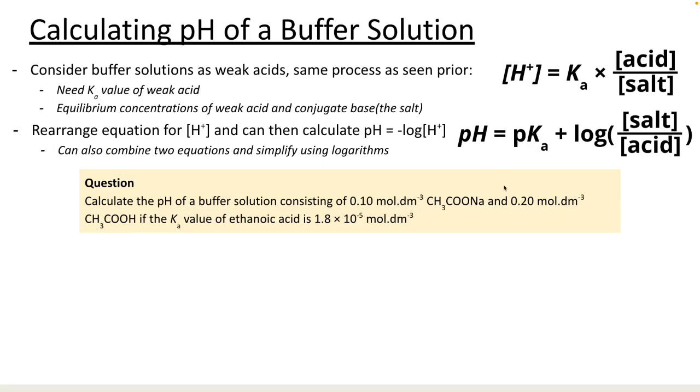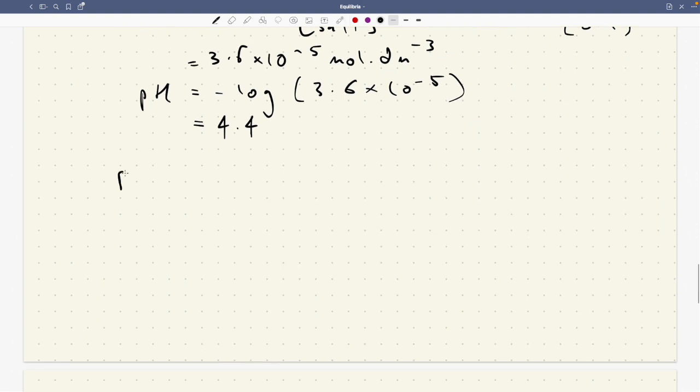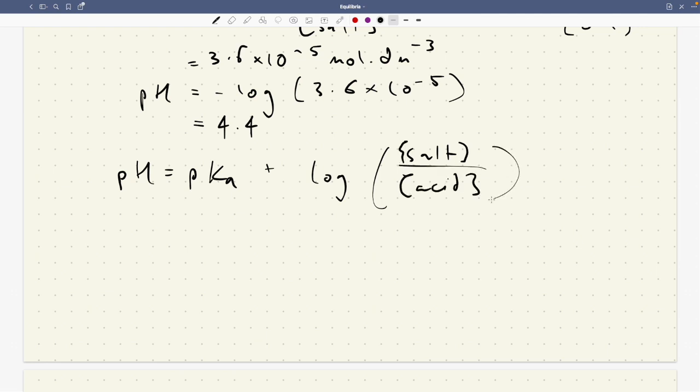Let's also do this the other way. Let's use our other equation up here, where the pH, you can just do it in one step, is equal to the pKa plus the log of our salt concentration divided by our acid concentration.